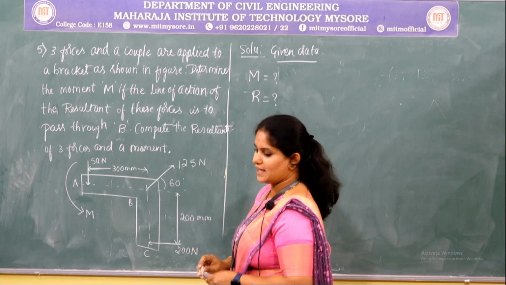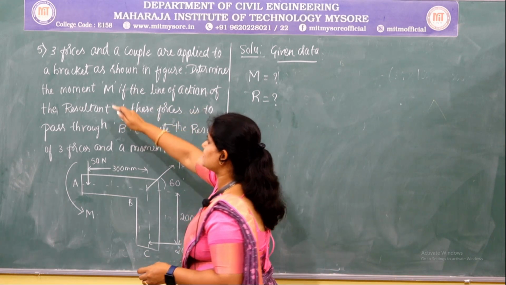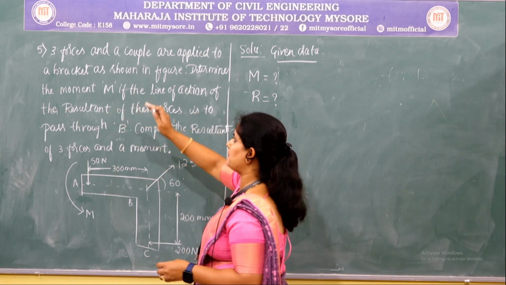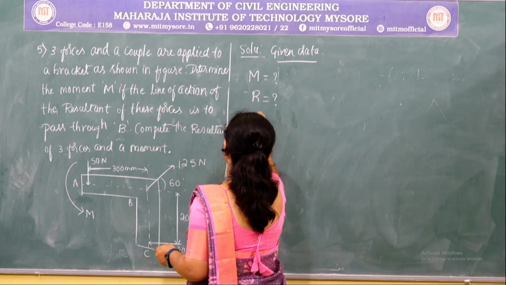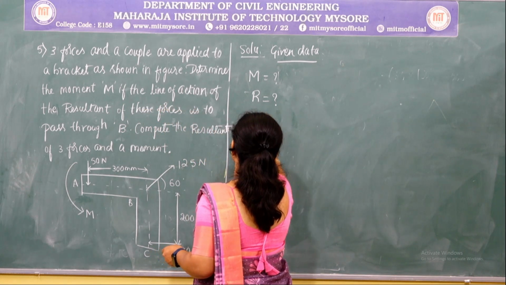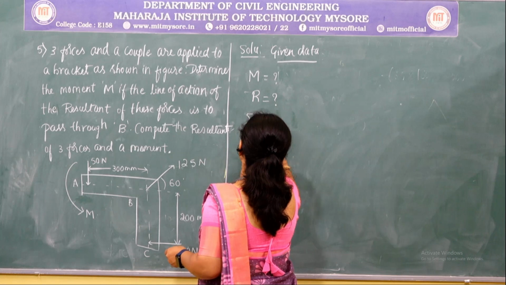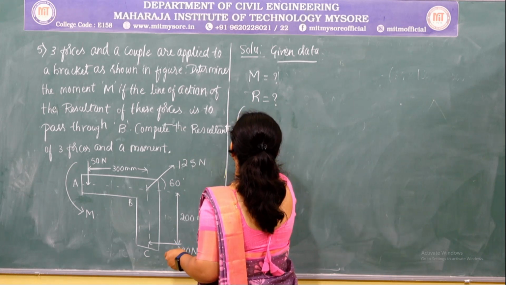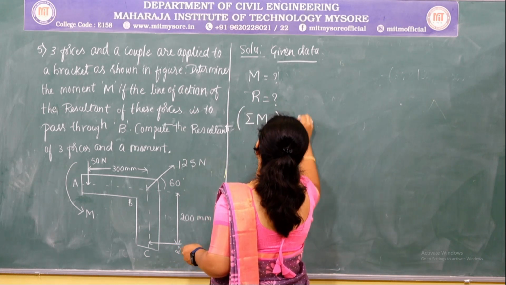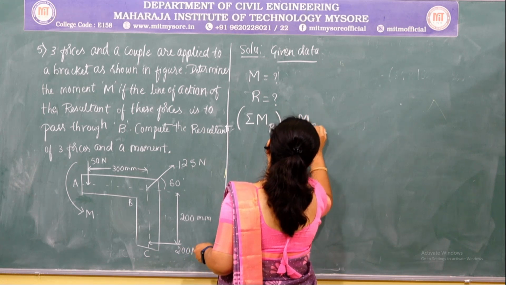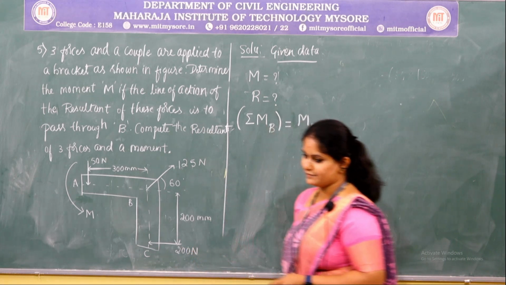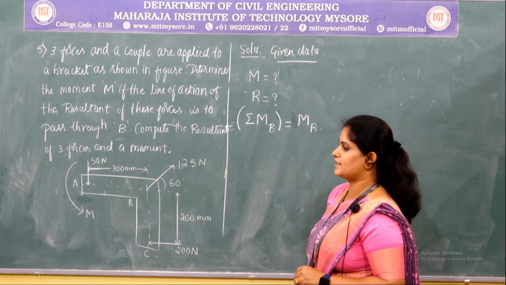So it is given that the line of action of this resultant moment should pass through B. That means if I consider the moment about point B of all the forces, it will be equal to the moment of the resultant.